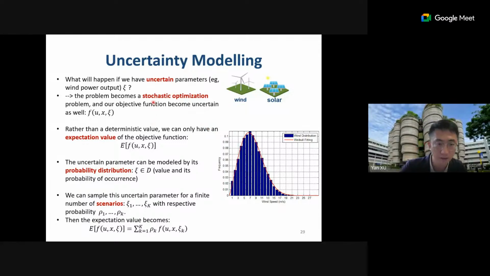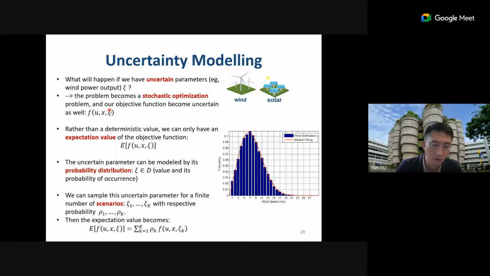So we can apply the stochastic optimization approach. So basically, for the objective function f, we have u as the decision variable, we have x as a dependent variable, and we have this as an uncertain parameter.